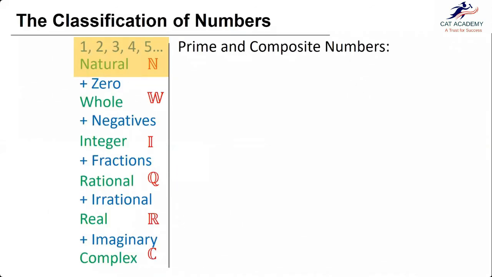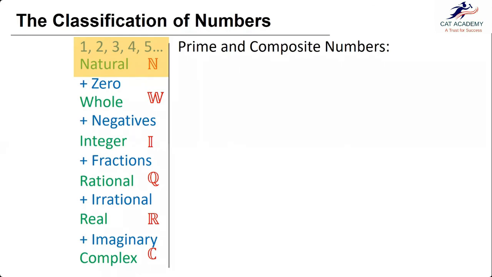Let's try the next type of comparison now. So the next type of comparison is prime or composite numbers. So here, do you know the definition of a prime number?